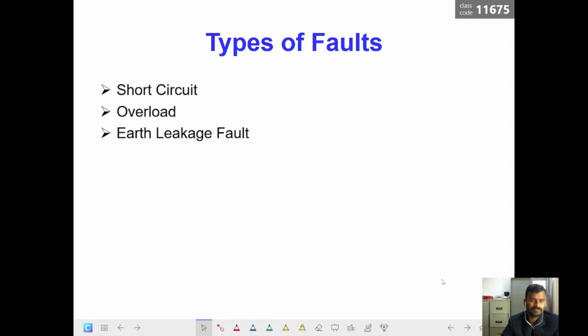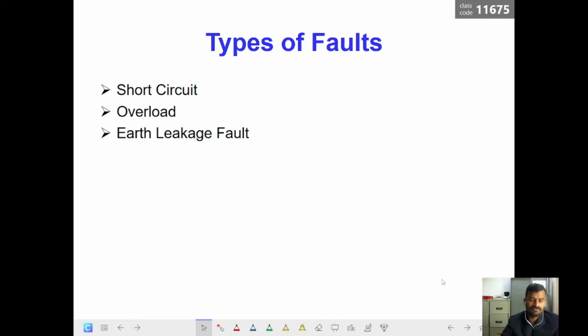In case the circuit has some electrical issues, then the functionality of the circuit may change.